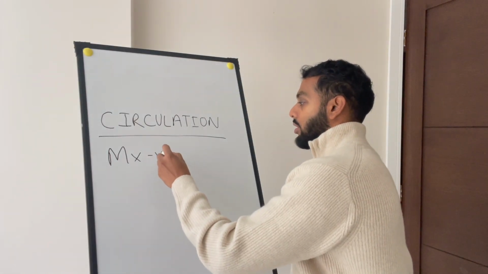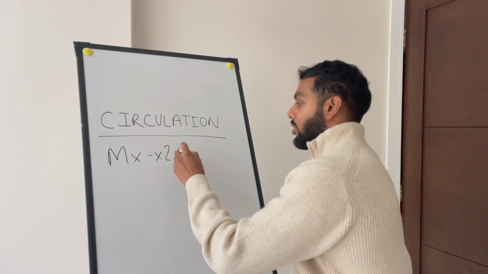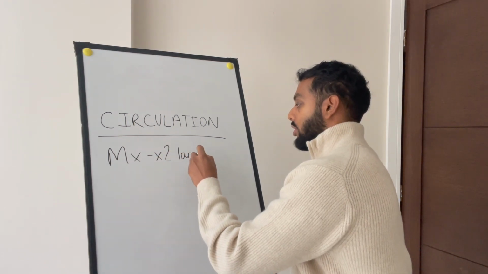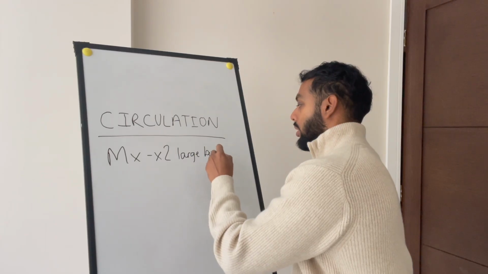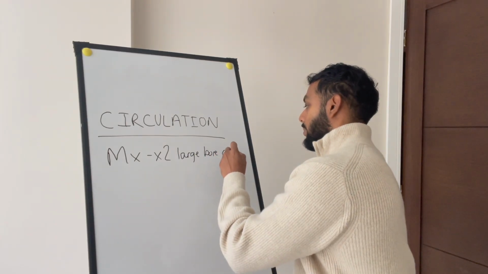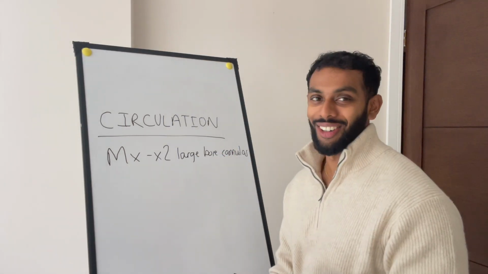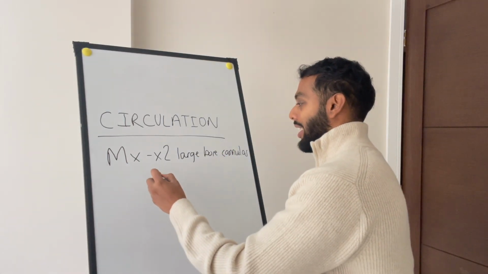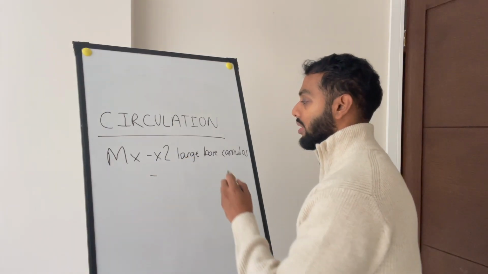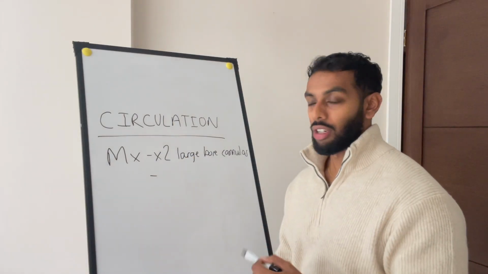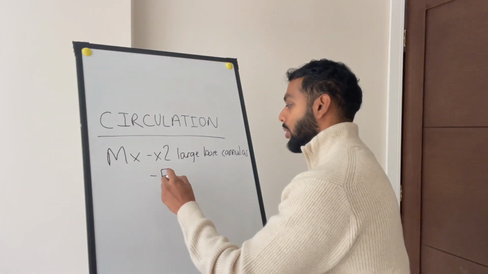So the first thing you need to do is insert 2 large bore cannulas. I don't know why I've just switched from uppercase to lowercase, but anyway. Once you've inserted the 2 large bore cannulas, you can give them a fluid challenge.